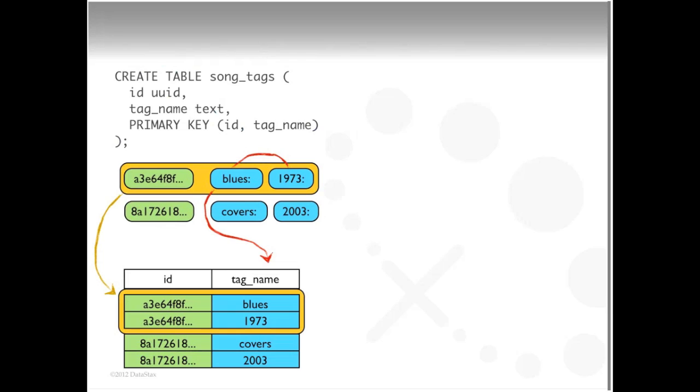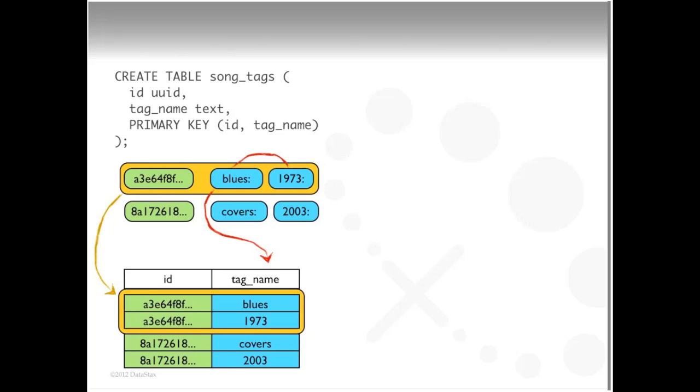And so how that translates into the storage engine world is I'm going to take that primary key definition and take the first element, so the ID, that becomes the storage engine row key, or what we call it in the CQL world, the partition key. So you can see that the A36 UUID, we had a single storage engine row that becomes multiple rows that are exposed in the CQL result set.